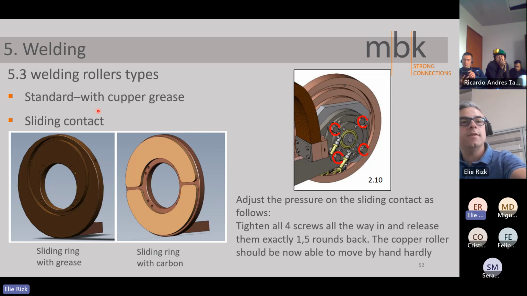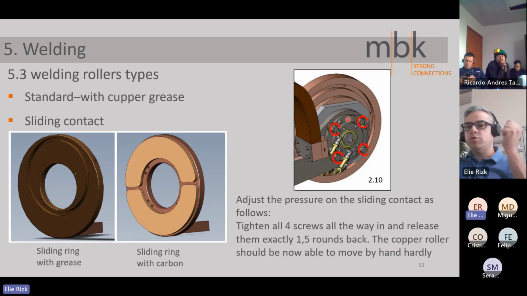In both cases, you always have to check that these screws are well set up. You can do a small test. After some production, you go inside and check the welding roller.